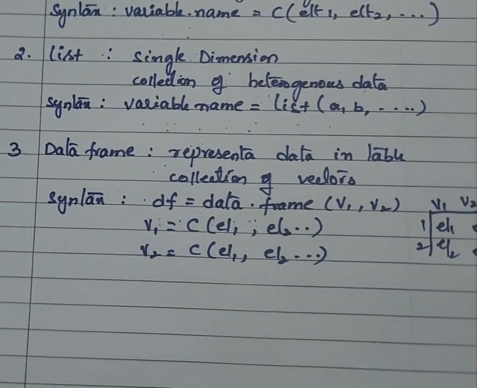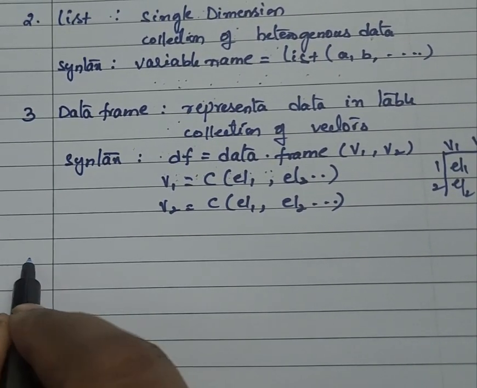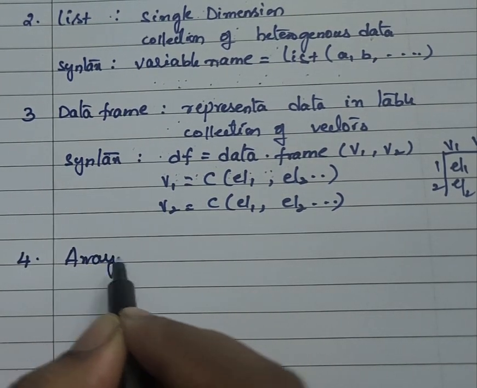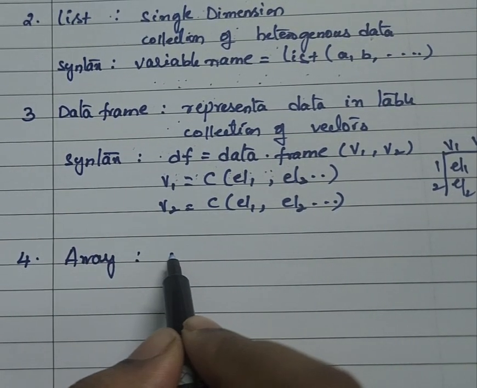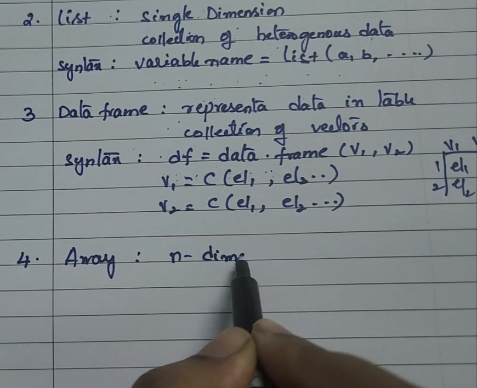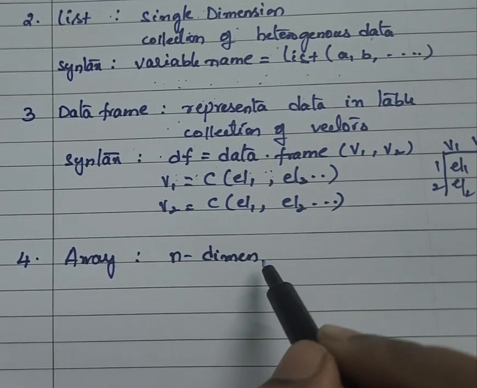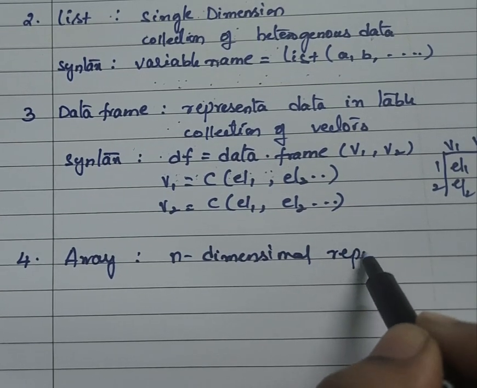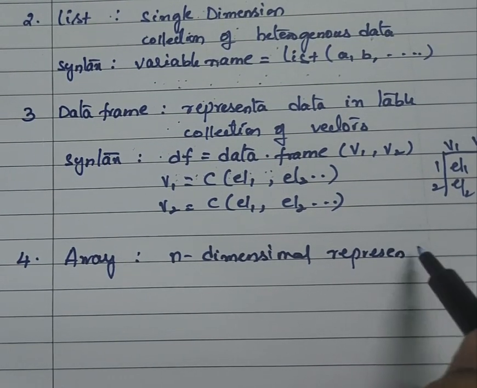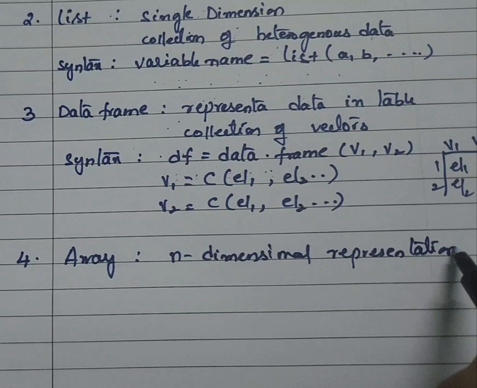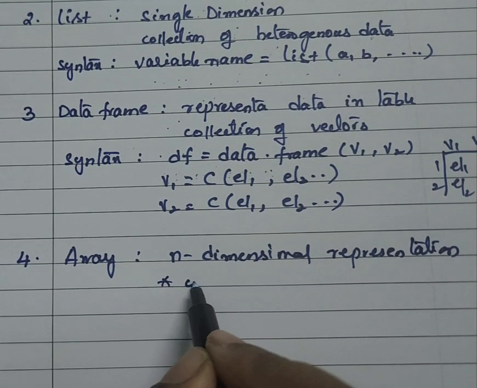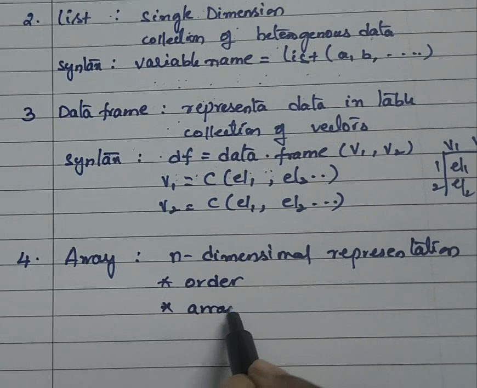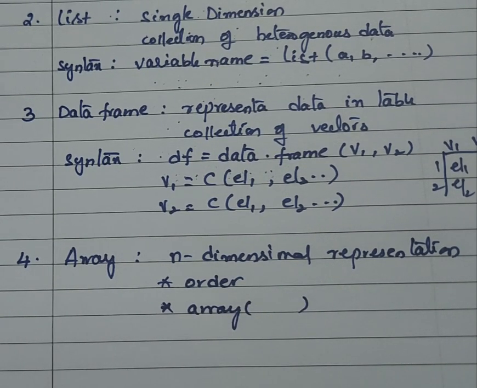Okay, the next data structure, the fourth one, is an array. An array is an n dimensional data structure. In this array we are going to write the order and we are going to write the array with a function.